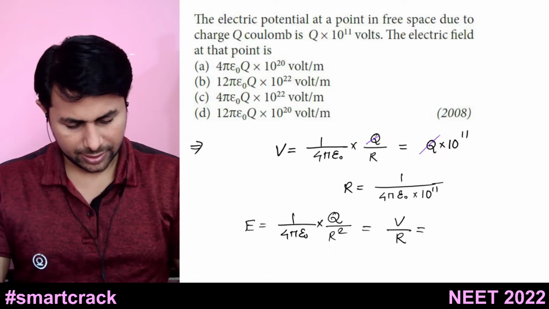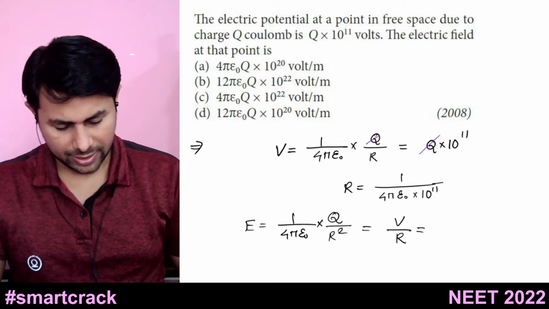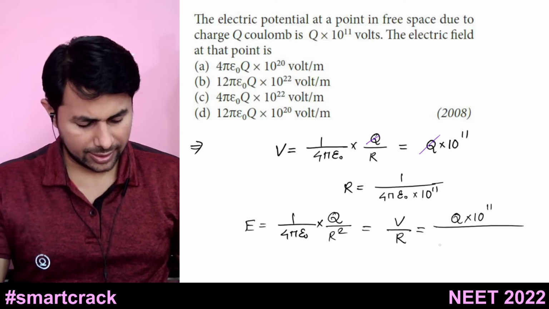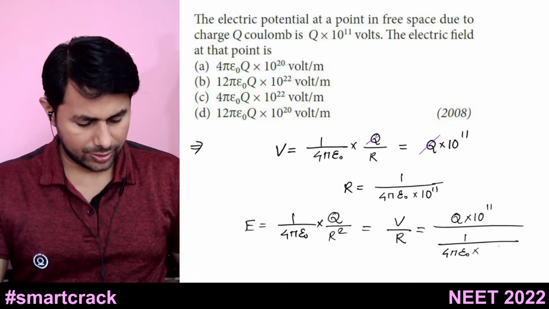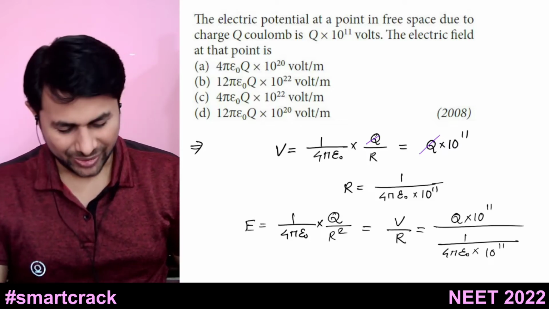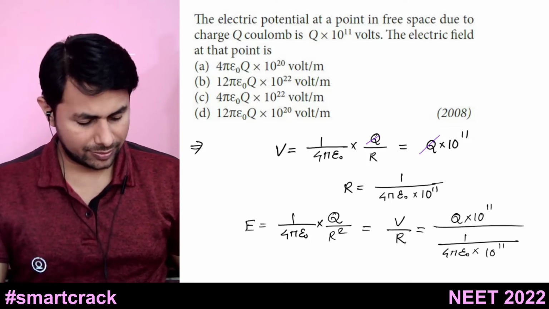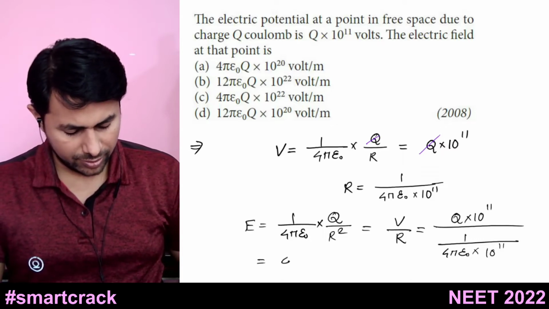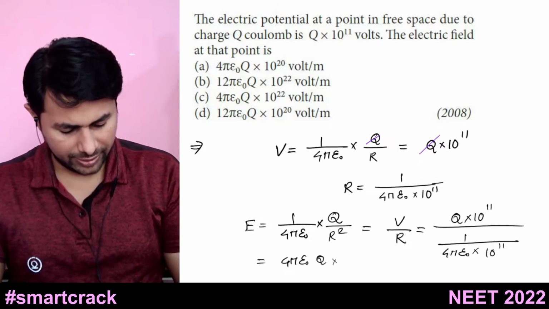V is given, it is Q into 10 raised to 11, and this R is 1 over this thing, 4 pi epsilon naught into Q, 10 raised to 11. So this 10 raised to 11 will go into the numerator. It will become 10 raised to 11 plus 11, that is 10 raised to 22. And this 4 pi epsilon naught also goes into the numerator. So you get E equals 4 pi epsilon naught into Q into 10 raised to 22.